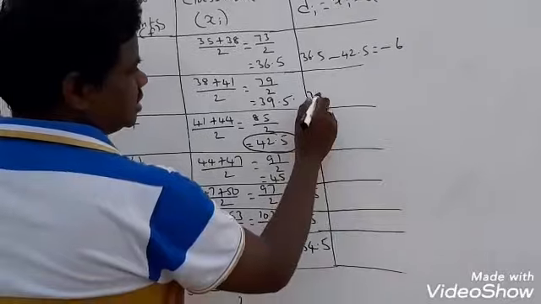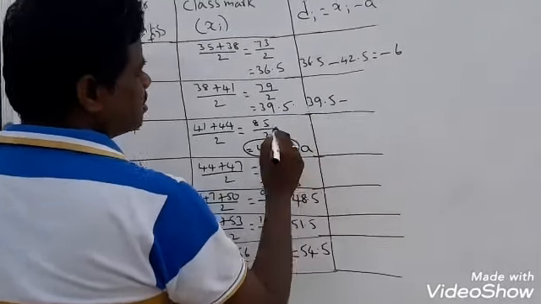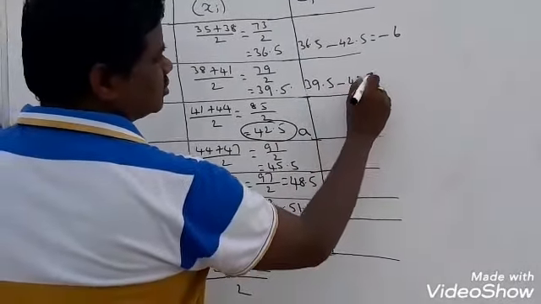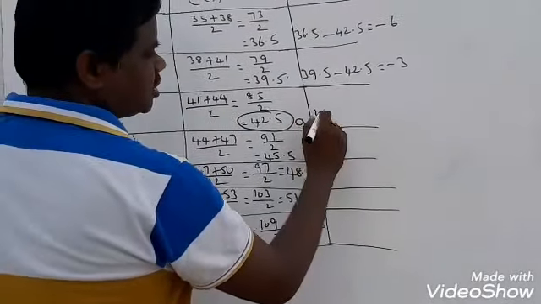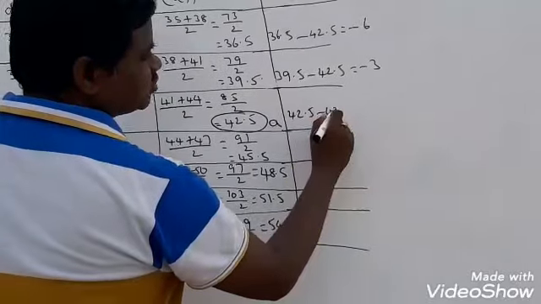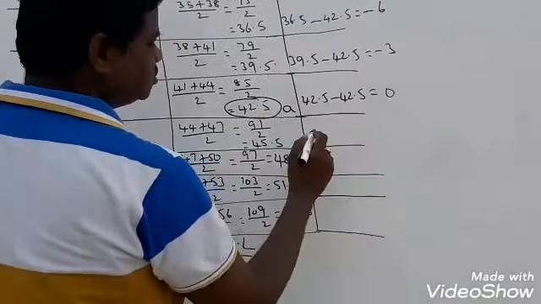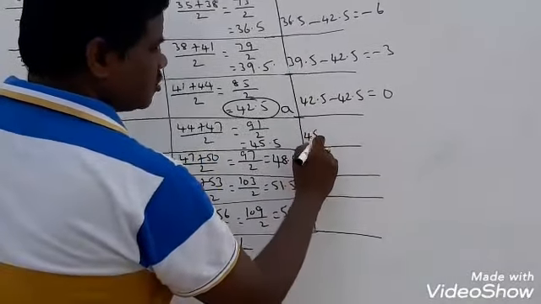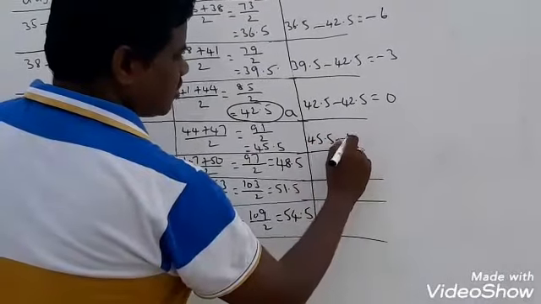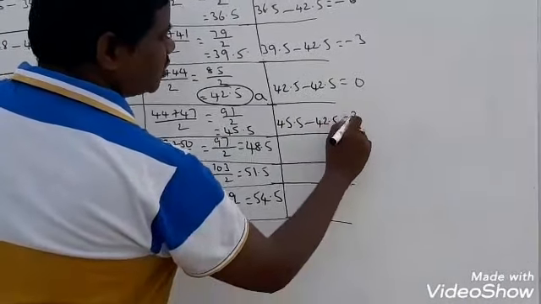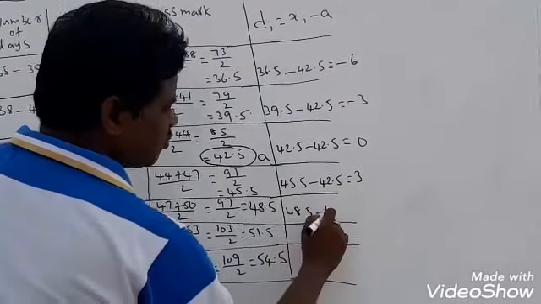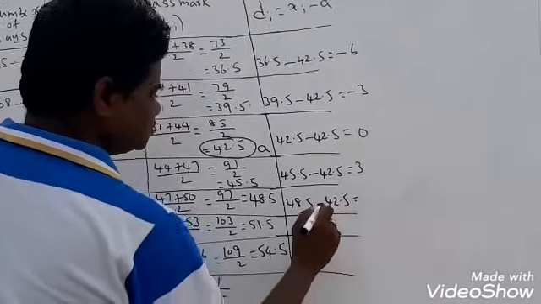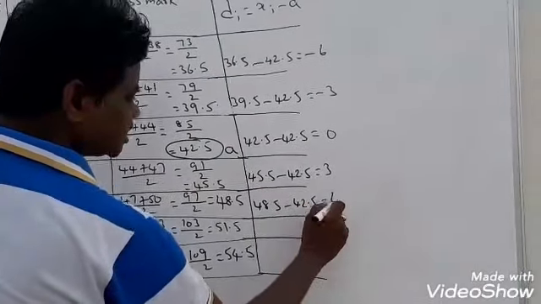Next, 39.5 minus 42.5, if you subtract, you get minus 3. Next, 42.5 minus 42.5 equal to 0. Next, 45.5 minus 42.5 equal to 3. Again, 48.5 minus 42.5 equal to 6.